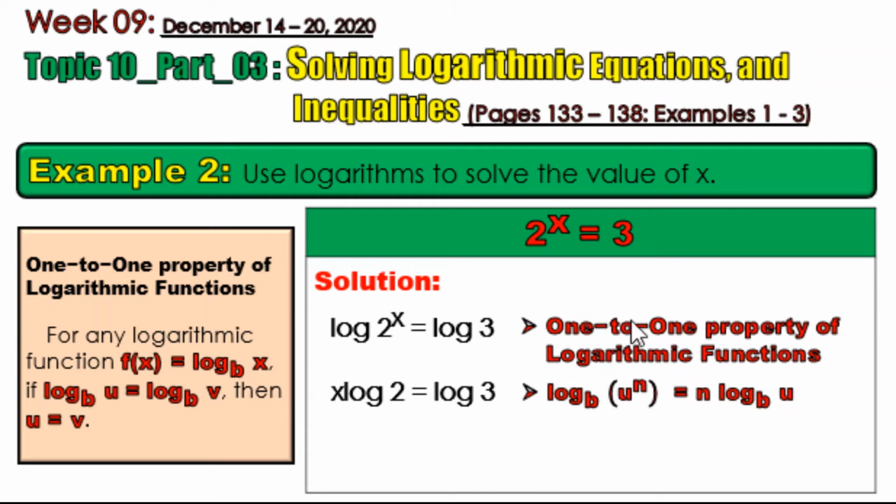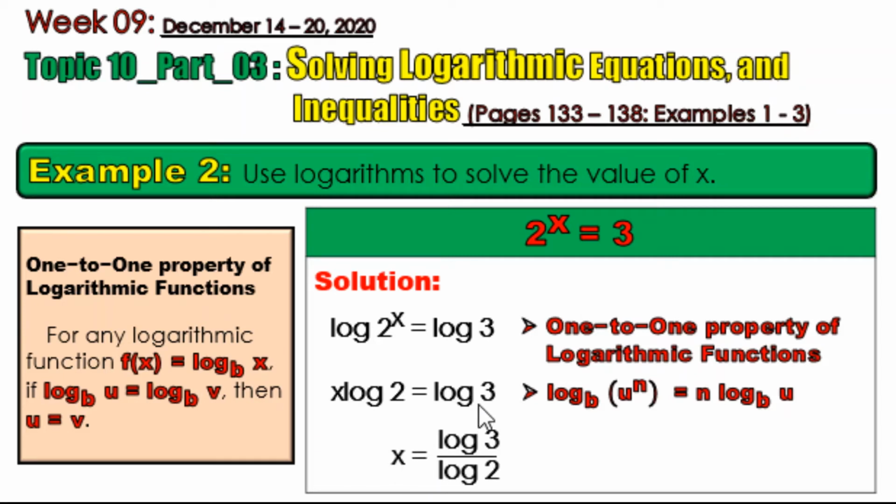Since you are asked to solve for the value of x, to eliminate the logarithm of 2, we will divide both sides of the equation by the logarithm of 2, so that what is left is x. So x times logarithm of 2 divided by logarithm of 2 is equal to x.